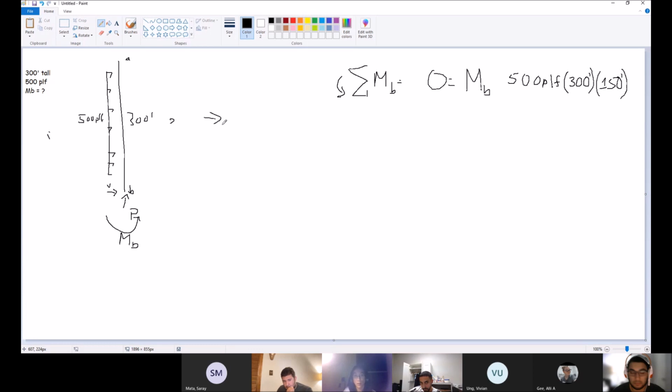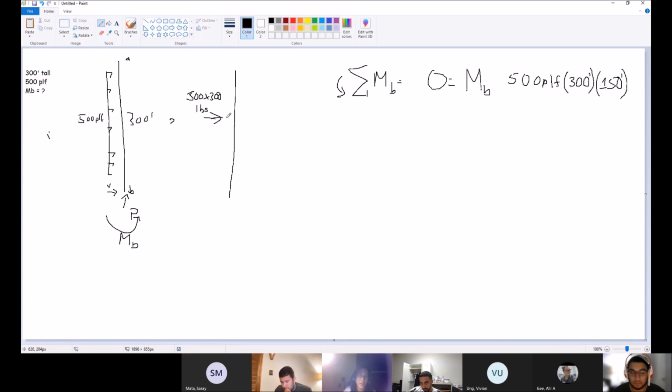So we averaged this 500 PLF down to one point, which is 500 times 300 pounds.